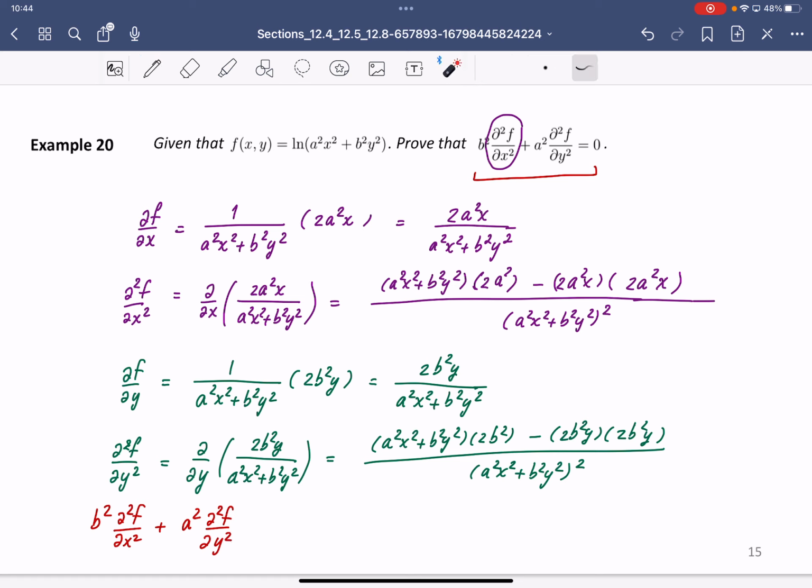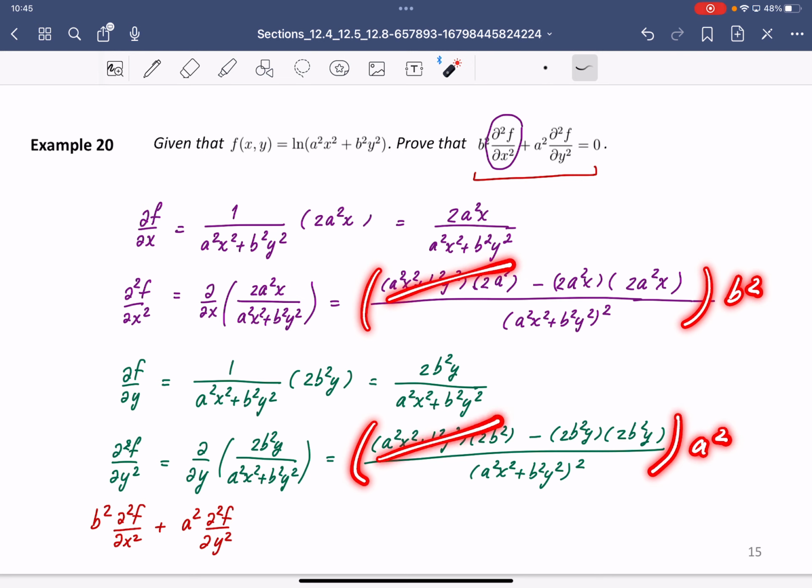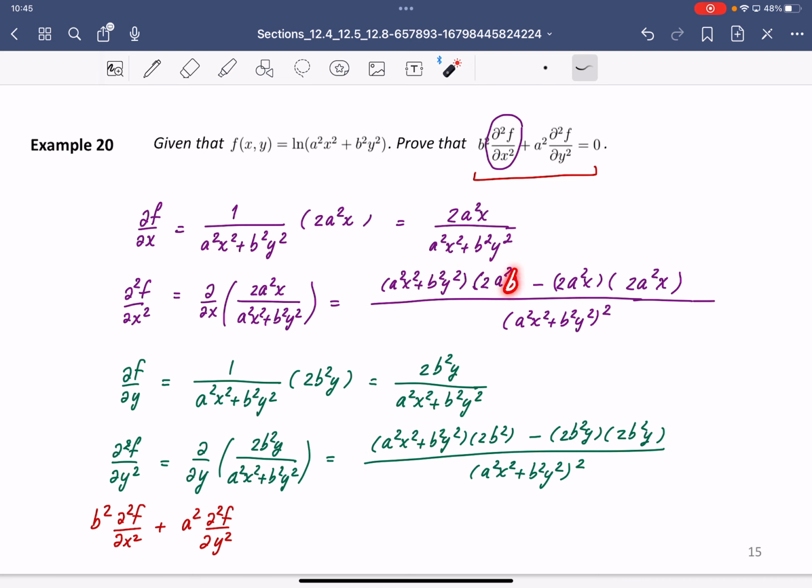So you can see that if you multiply this thing by b square and this thing by a square, this term and this term gonna group it up, to 4. Because this is actually b square multiplied here, and this is actually a square multiplied here. Does it make sense? And then this term and this term, they are the same now, so you can group it up.